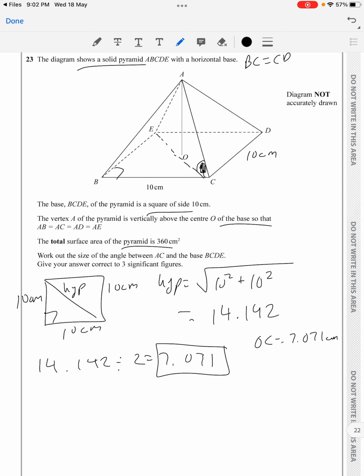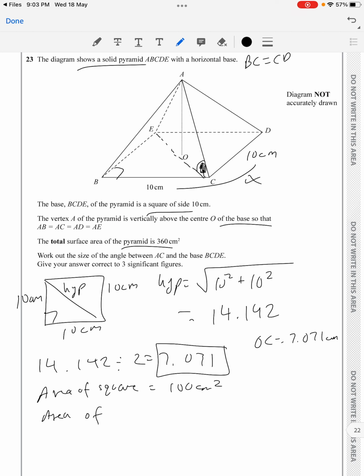Since the total surface area of the pyramid is given, I'm just going to check the formula sheet now. For the total surface area of the pyramid, the curved surface area is not given, but we can get an idea. The area of the square is equal to 100 centimeters squared, because 10 times 10 gives you 100.